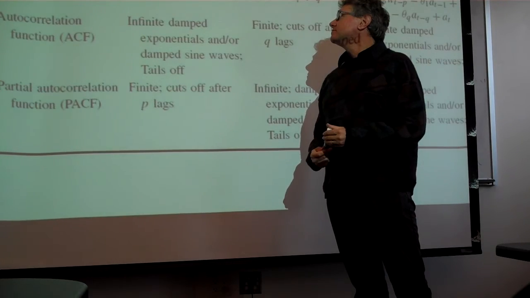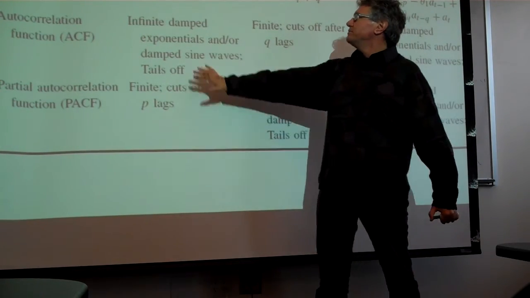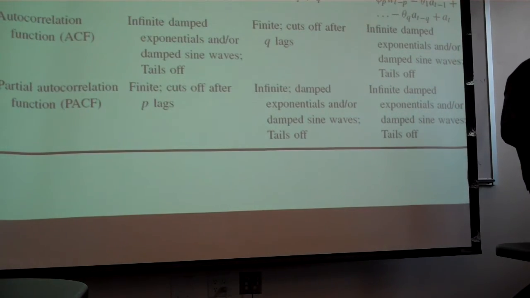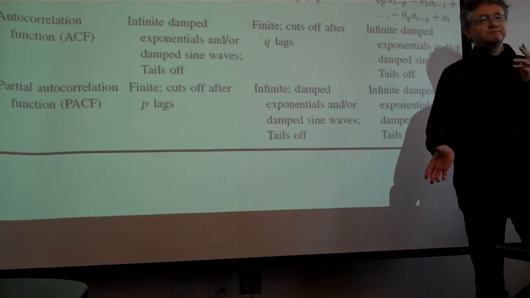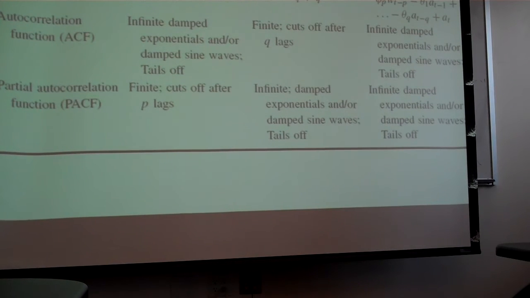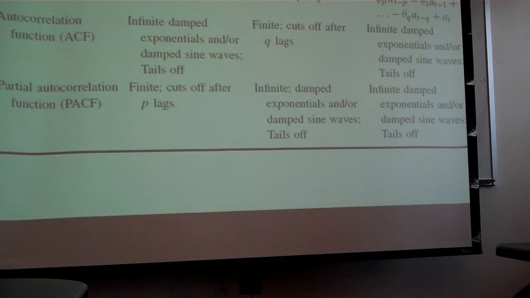So if you choose too many lags, then the higher order lags will probably be estimated close to zero. It's just like including variables in a regression model that aren't actually informative. So it's not like they are going to affect the prediction.